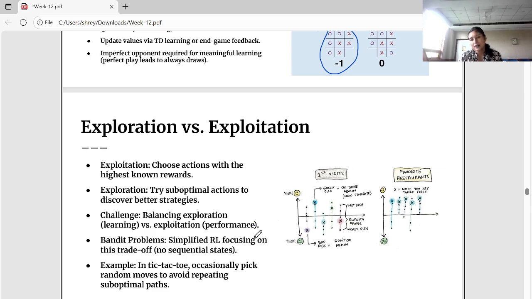So here there are the problems. If you want to learn in this field, there are some bandit problems. A problem is there where the bandit has 2 hands, okay?